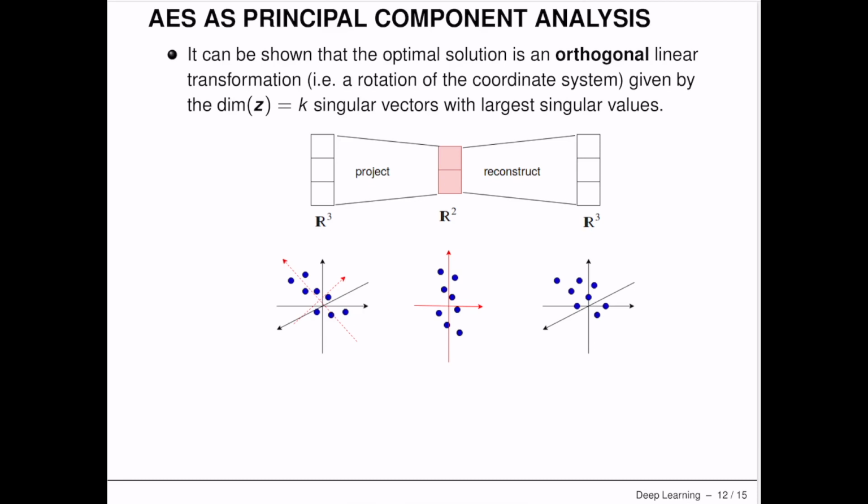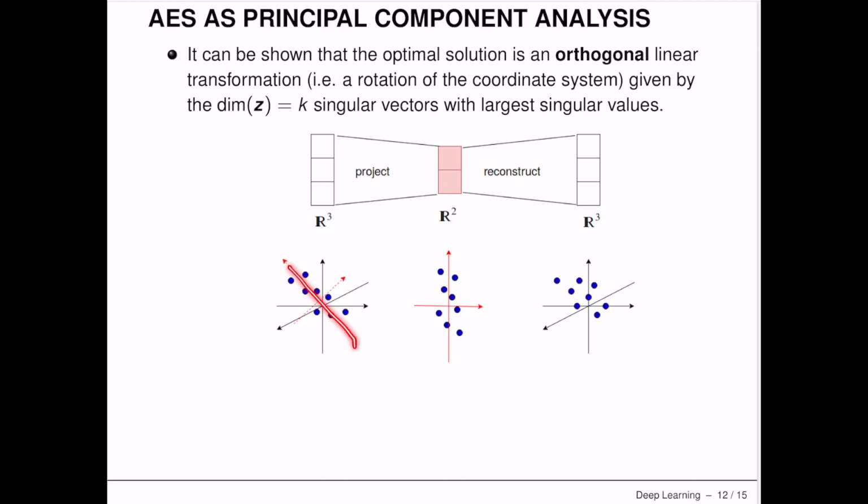Mathematically, you probably all recall that with this orthogonal transformation, we perform a coordinate system rotation. In this simple example, we have a three-dimensional space and we just focus on two coordinates, because we want a mapping from R3 to R2.